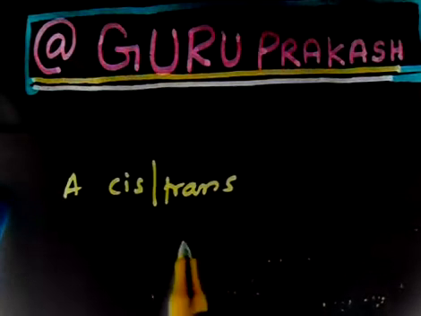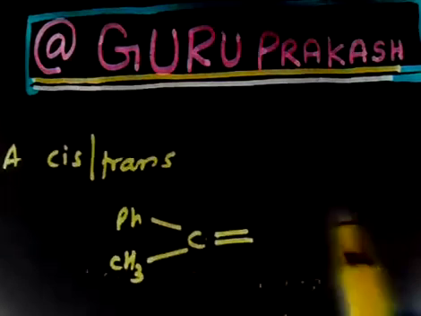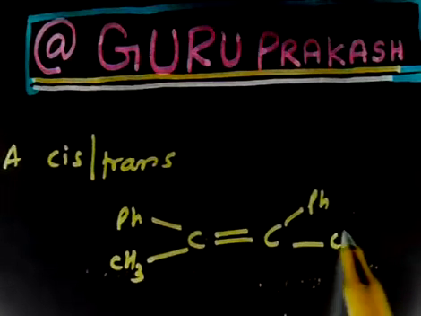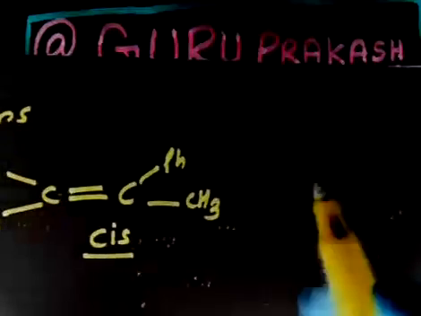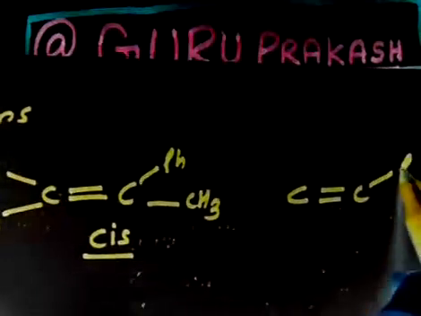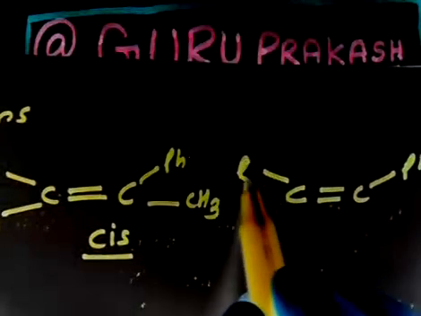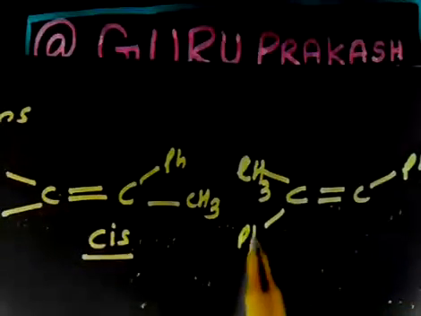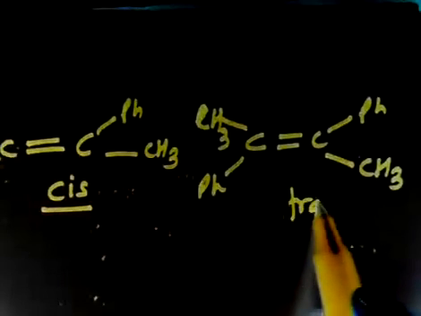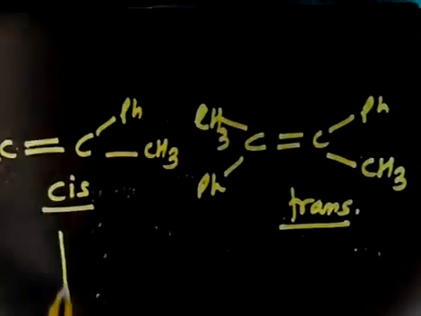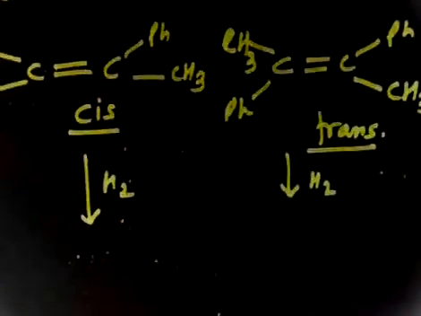So you can have either PhC(CH3)=C(CH3)Ph, that is cis, or you can have another option, that is trans, with Ph on one side and CH3 on the other. So this is trans. Now the question says if I do hydrogenation of this and of this, which will give the racemic mixture?